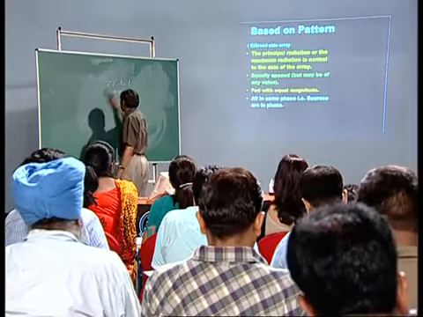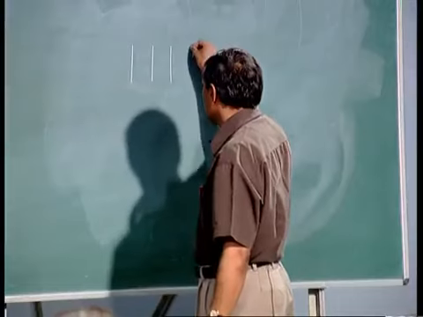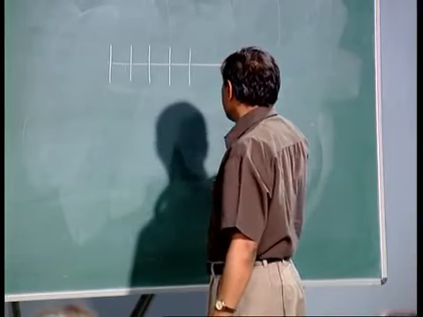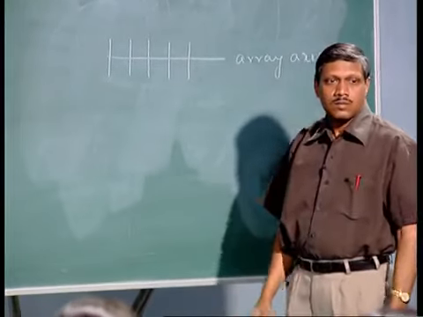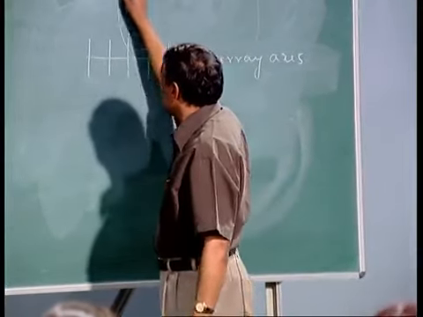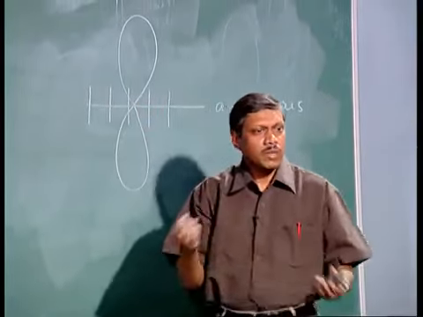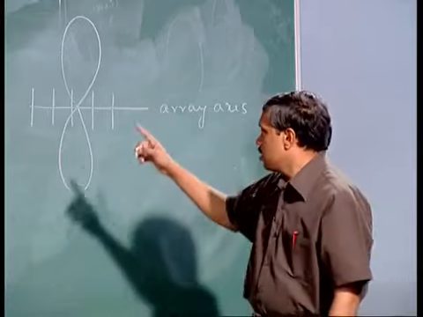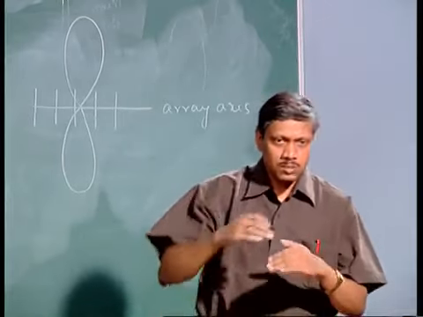For example, if you have the elements placed like this, this is the array axis. If the radiation takes place in the perpendicular direction to the array axis, in this direction or in this direction, it may be bidirectional, it may be unidirectional, but the direction should be perpendicular to the array axis, then this type of antenna array will be named a broadside antenna array.